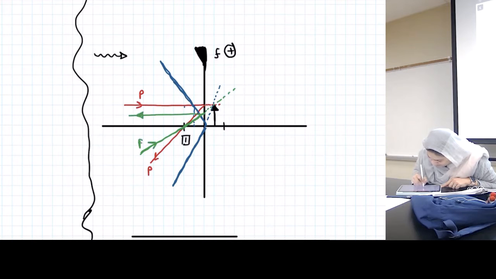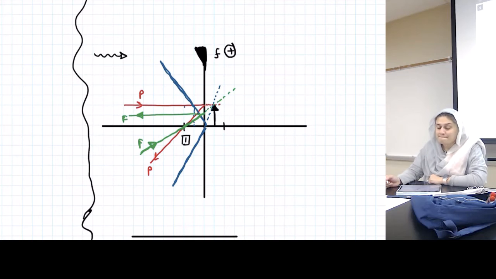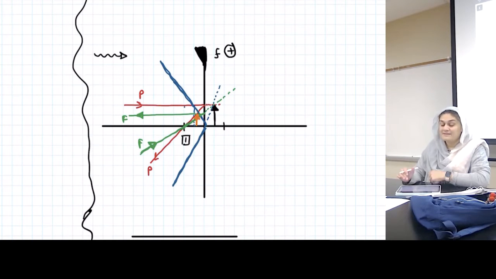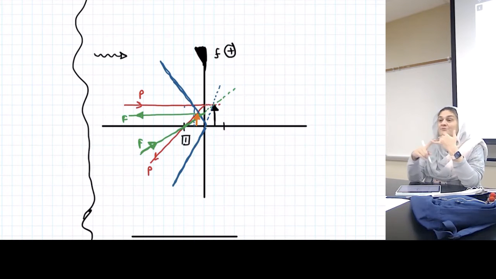So coming in this way, going out that way. Where do all 3 meet? Right here. So this also is a virtual object that gives me a real image. Woohoo.